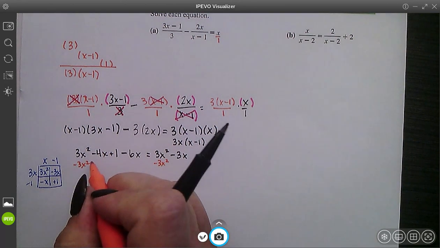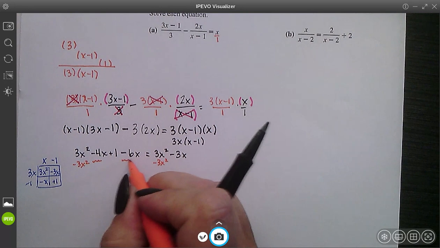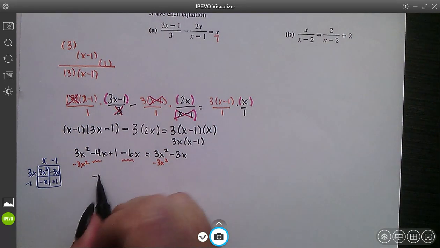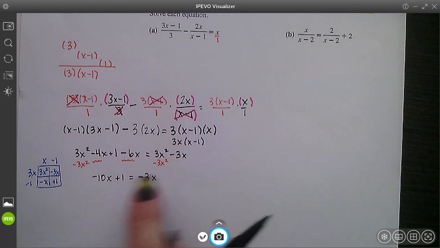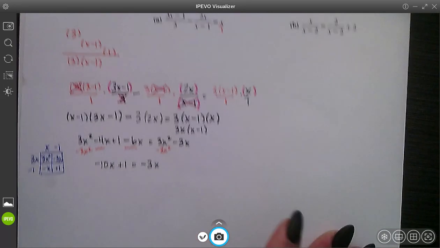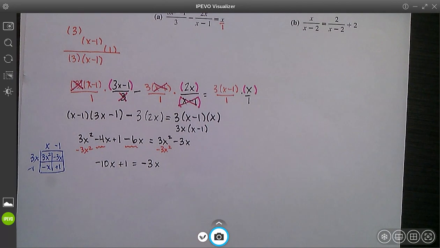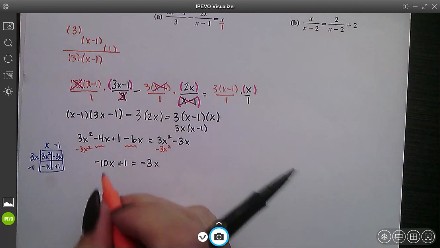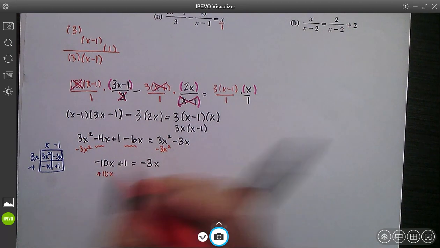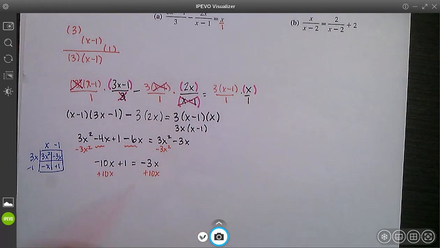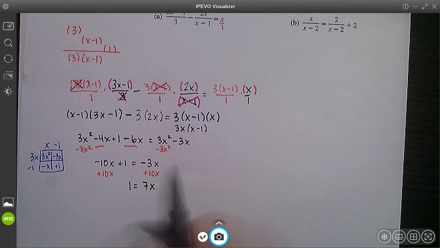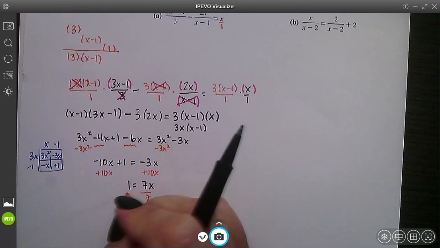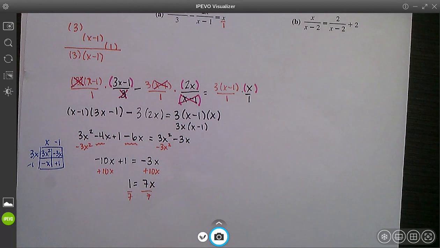So I'm going to combine these like terms to get negative 10x plus 1 equals negative 3x after those quadratic terms dropped out. Now it's just a plain old linear equation. So I will move all my variables to one side, leave my constant term on the other. So I get 1 equals 7x, divide both sides by 7, and I get x equals 1/7.